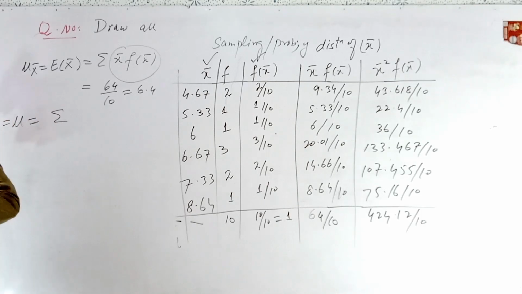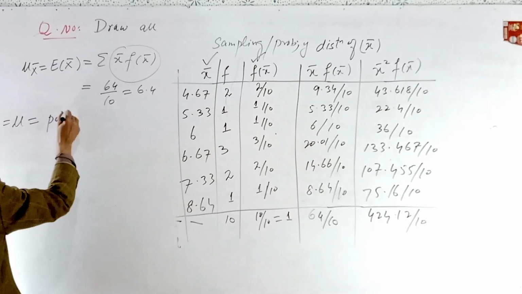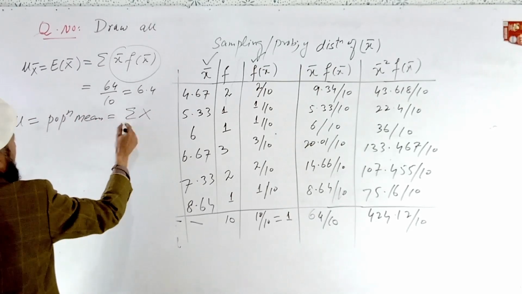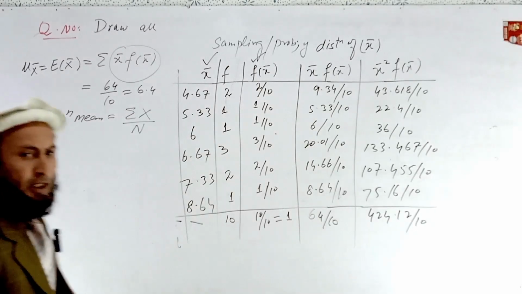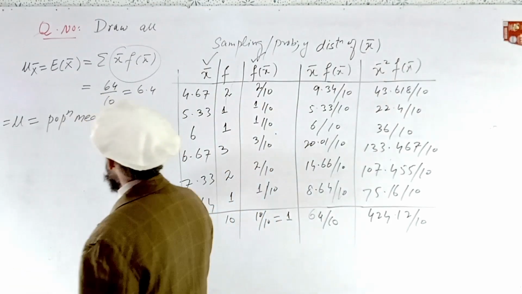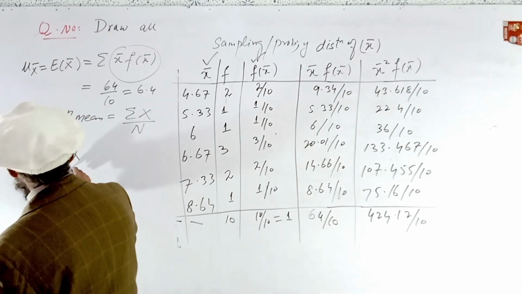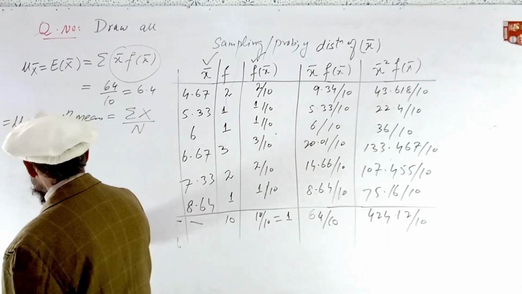This is the population mean. Population mean is summation x divided by capital N. If we are using a sample, then we divide by the small sample size n. Now x means the value of x, and we have already written the population 2, 4, 8, 8 and 10.